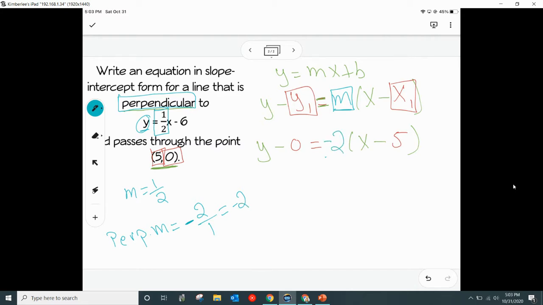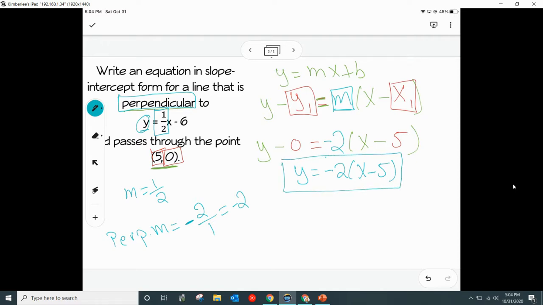So if we wanted to make our final answer in point slope form, this would be it. We could simplify it one little tiny bit, because y minus 0, if you have y, take away nothing from it, you're just left with y. So this would be our final answer if we were going to leave it in point slope form.